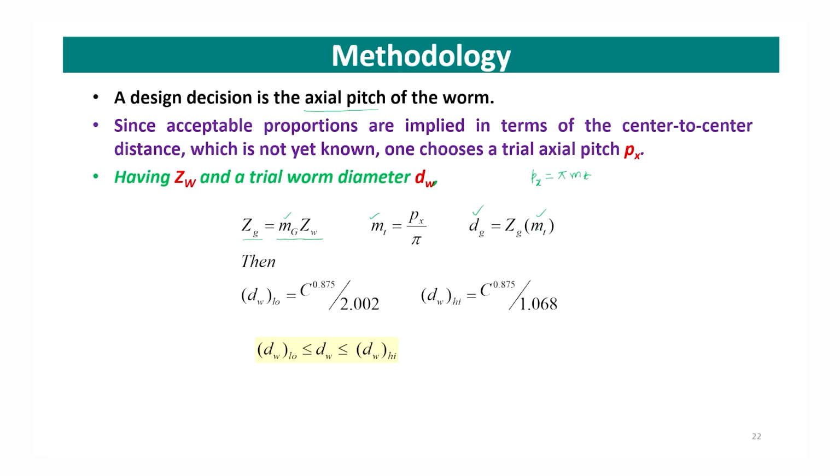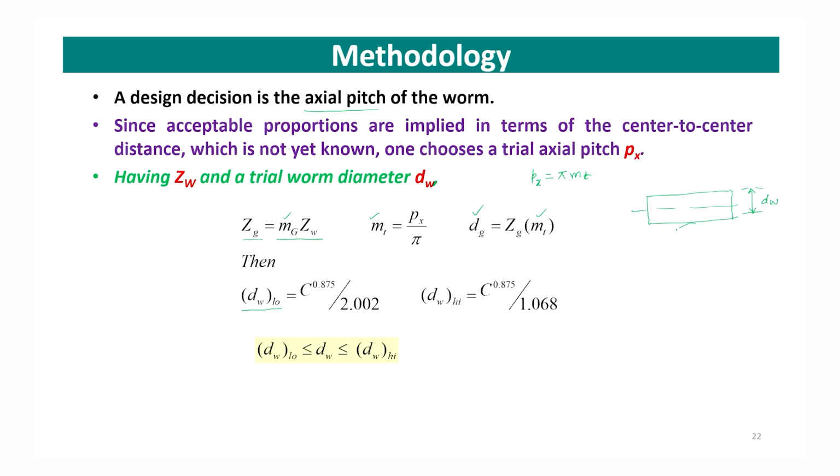Then we have a relationship which says that the pitch diameter of the worm should be in the range of this one. The lower value of pitch circle diameter of the worm, or the pitch cylinder of the worm, is there, and it has diameter equal to dw, and this dw provides us the center distance also.